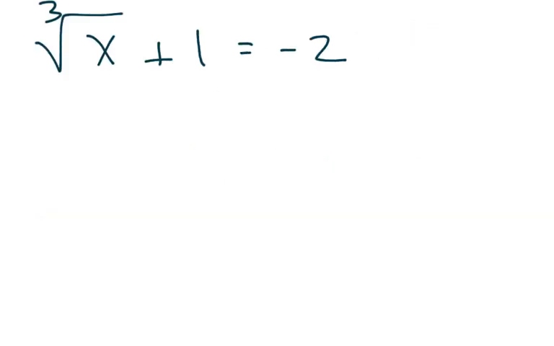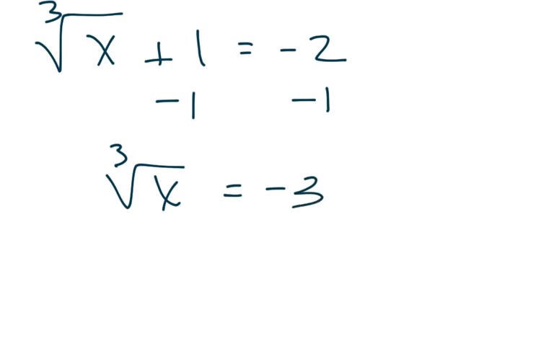All right, hey, it's not always a square root that you're dealing with. Sometimes it can be a cube root. So here we would subtract 1, and that would give us the cube root of x equals negative 3. How do you cancel out a cube root? You cube it.